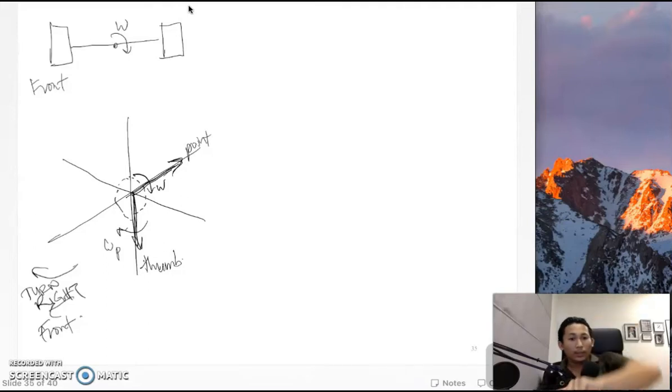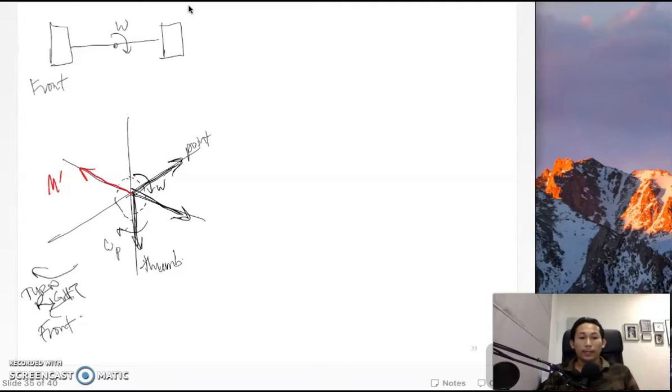The middle finger is the active gyroscopic couple. So the reaction of the reactive couple is to the right-hand side of the car.